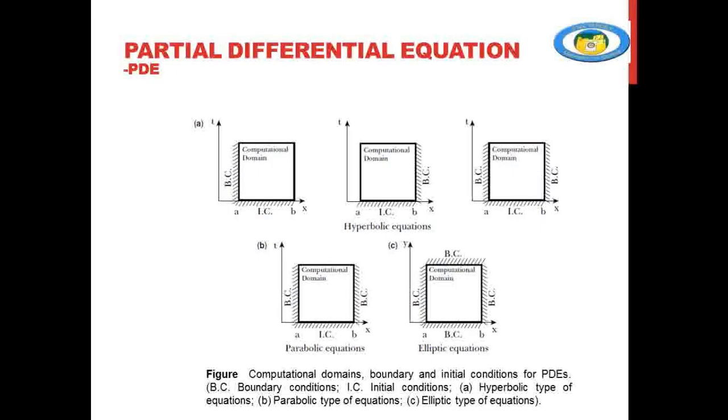In case of elliptic, since time is not there, we specify boundary conditions along every path. In case of parabolic and hyperbolic, there is no boundary condition from the top.